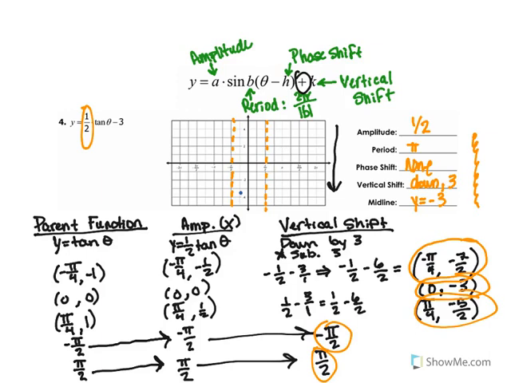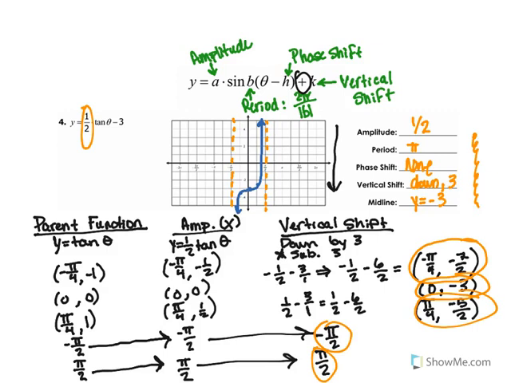So there's my first point. And then I have 0, negative 3. And I have pi over 4, 5 halves, which is 2.5. So this whole function moved down. Remember, it makes kind of a swirly shape.